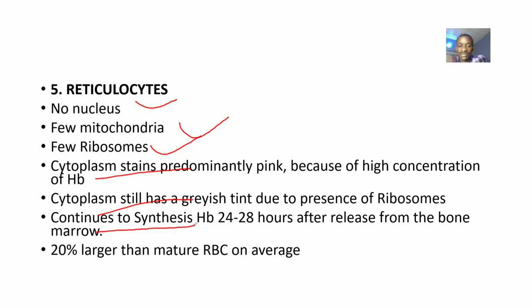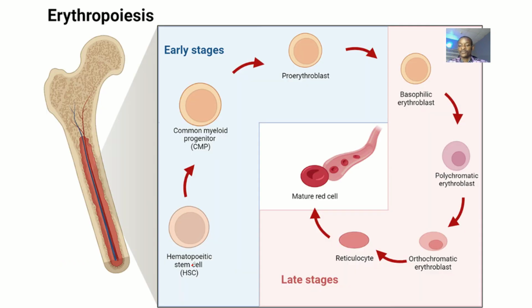There's a continuous synthesis of hemoglobin between 24 to 28 hours after release from bone, because the reticulocytes are released from bone. These are 20% larger than the matured red blood cells. So we are at the reticulocyte.